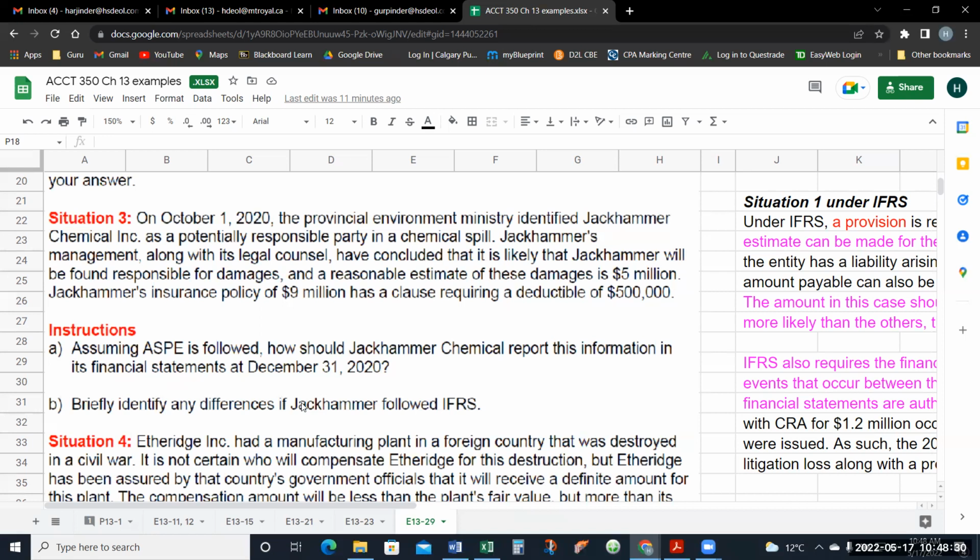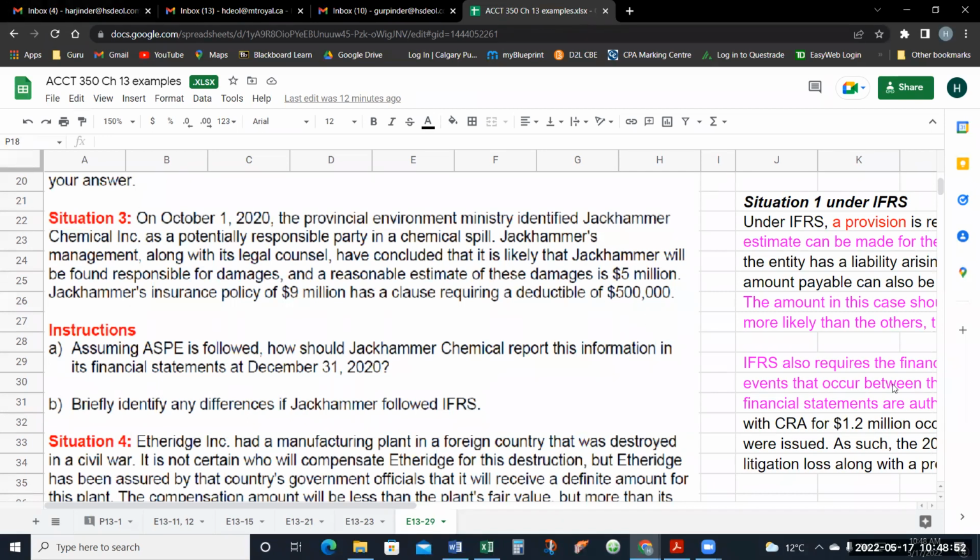So if that is the case, then yeah, $5 million is a big fine to pay, but the insurance claim can cover most of that fine. Jackhammer will only be on the hook for the deductible amount of $500,000. That's how much Jackhammer will need to pay out of pocket, right?